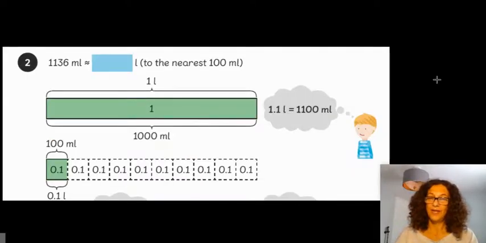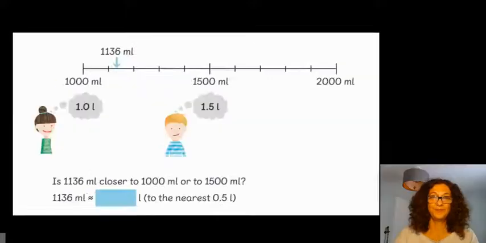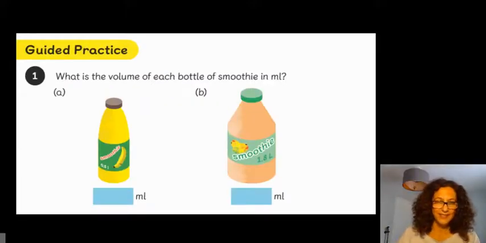And here we have got a bar model to show that each 100 millilitres is a tenth of a litre, okay, 0.1 litres. And if you remember, we did this in class. And so again, 1,136 millilitres is the same as 1 litre. I did practice. Now here it says 0.5. I know they're a bit tricky to see.